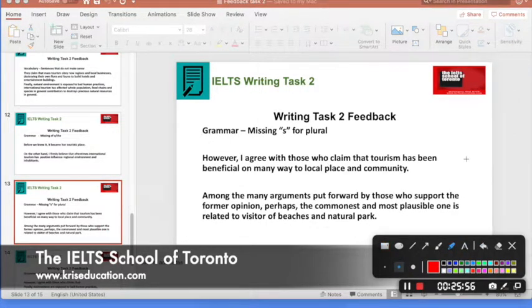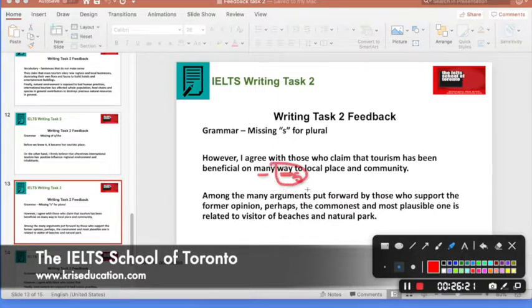Missing the s for plural is another common mistake. Alright, so in this case, those who claim that tourism has been beneficial in many... it is not one, it is many, so you need "many ways."